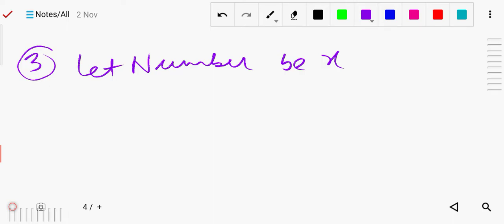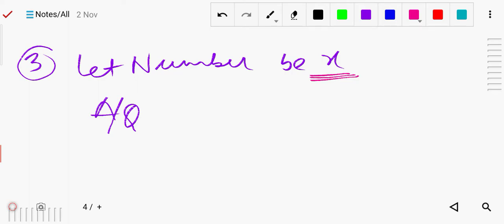Next, according to the question: 8 times the number, 8 times means 8 multiplied by that number. We suppose the number is x.